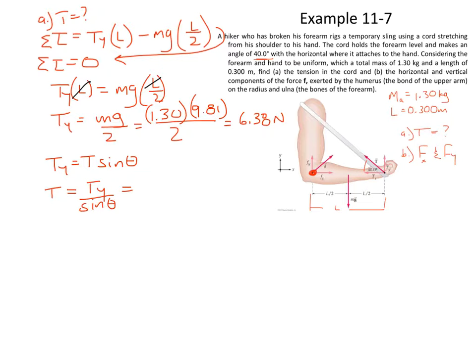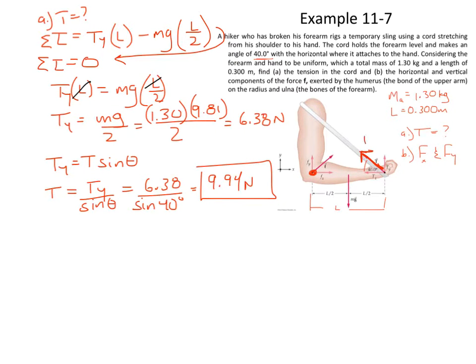That is, 6.38 newtons divided by the sine of 40 degrees, and dividing that out gives us a grand total of 9.94 newtons. That is this tension that is acting towards the center right there. That guy right there, that's our T, our tension, acting towards the shoulder.